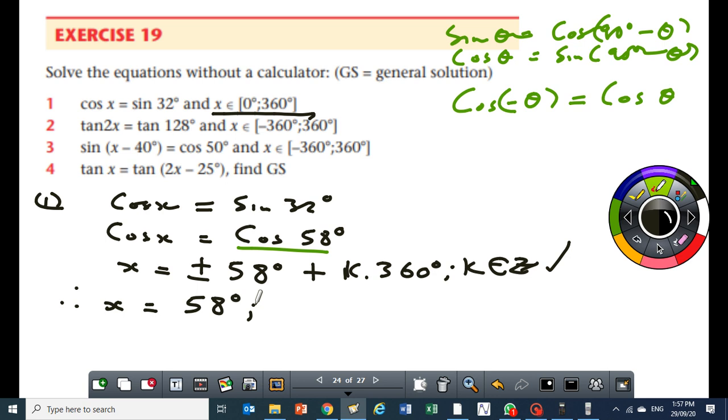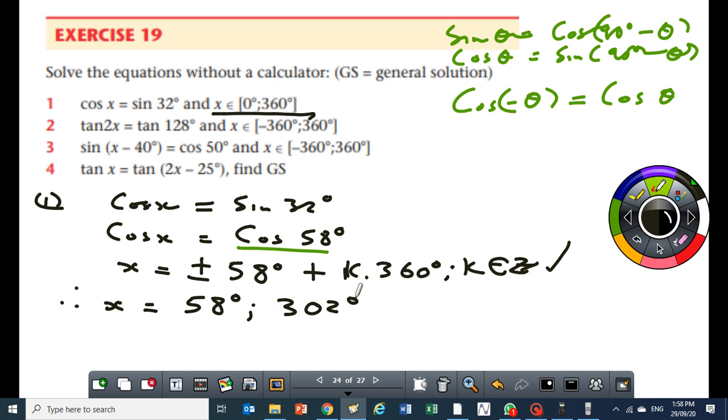That will give me 302 degrees, which is an angle in the fourth quadrant. And this angle is equivalent to minus 58. It's only that minus 58 is negative, 302 is positive, but both of them are equal. Minus 58 is equivalent to 302 degrees.